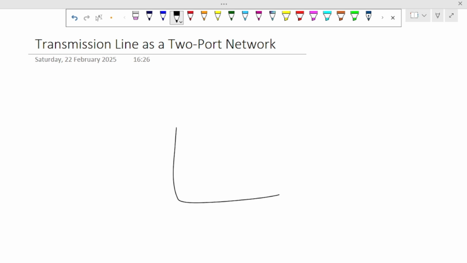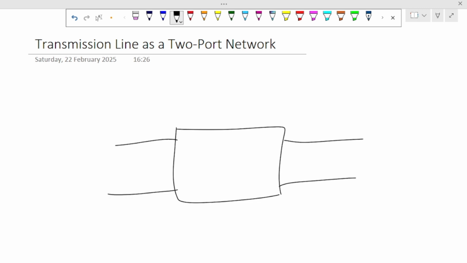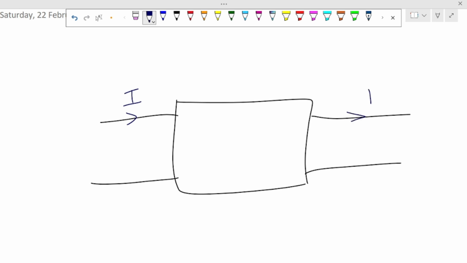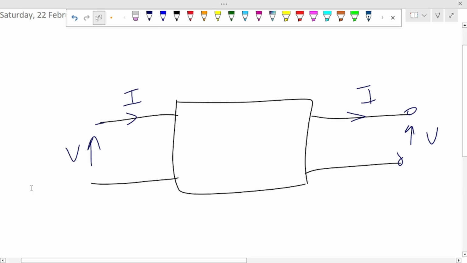We have a system here, and when we say two-port network, we just mean that at this side we have voltage and current, and at the other side we also have voltage and current.